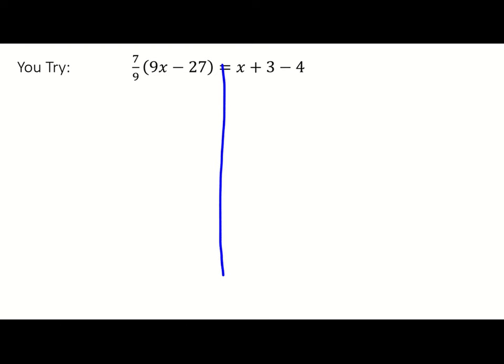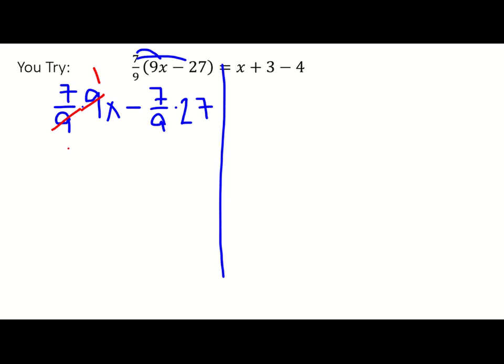The first thing I want to do to solve this problem is to distribute the 7/9 to both 9x and negative 27. So I'm going to rewrite this. 7/9 needs to be multiplied with 9x, and then 7/9 needs to be multiplied with the 27. So 9 goes into 9 one time, so 7 times 1x would be 7x.